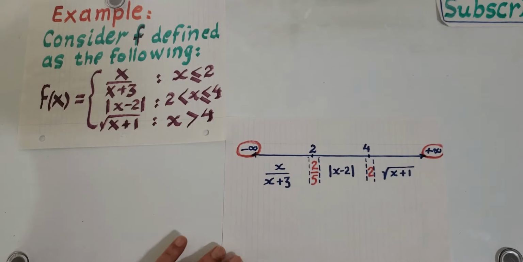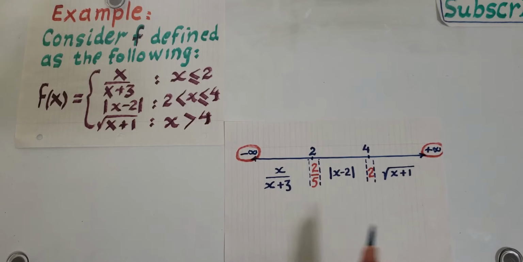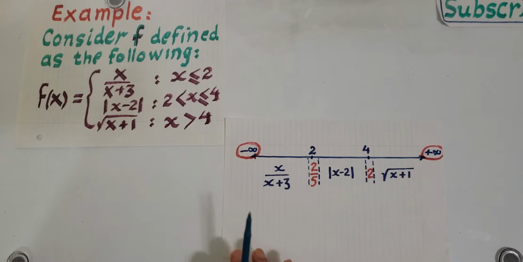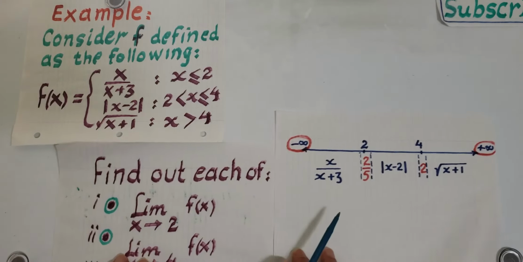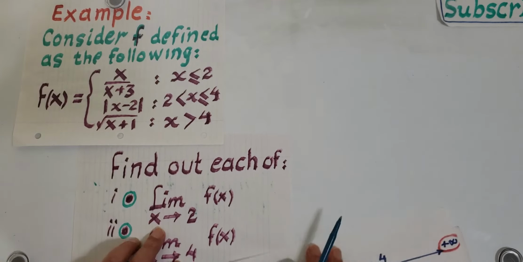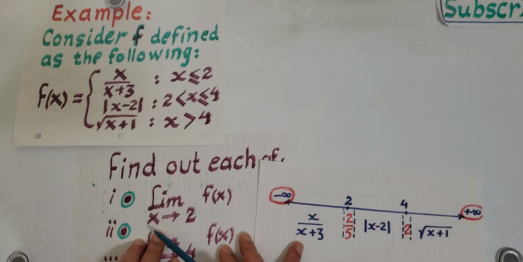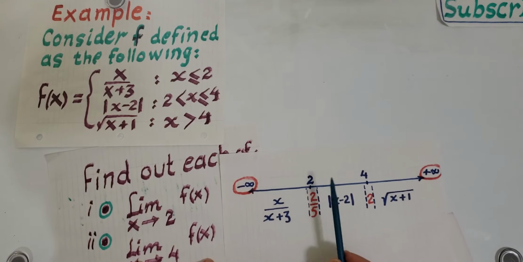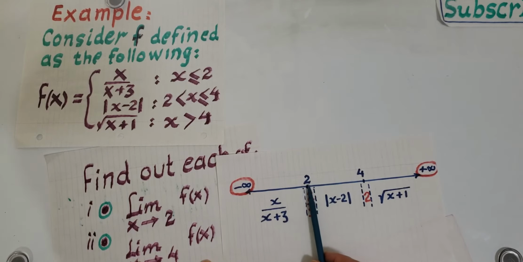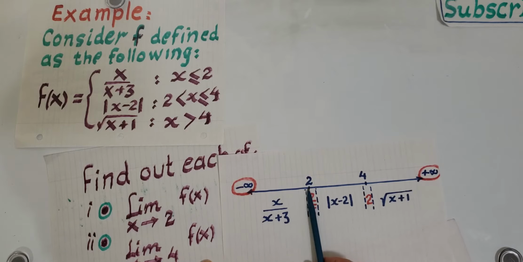Now when we need to discuss the limit for this function, we have to consider each one, like the limit when x tends to 2. You see here there are two ways to discuss the limit at 2.